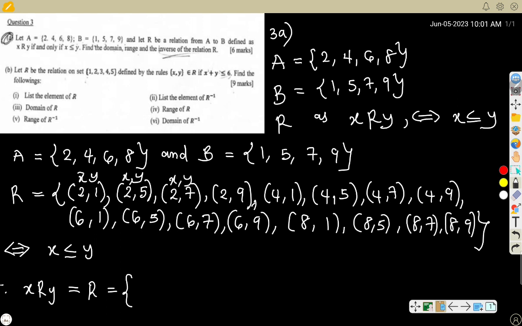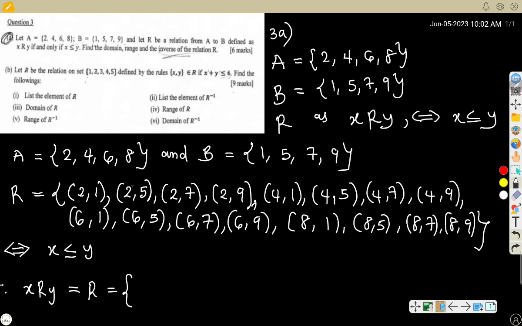So now here x is 2 and y is 1, so it's out because x must be less than or equal to y. So all the values we pick for x should be less than or equal to y. So I can't pick this because 2 is more than 1, so x is more than y in that case. 2, 5, okay, I can pick that.